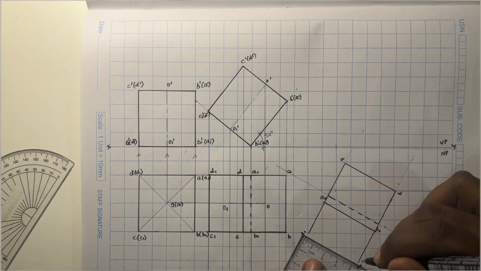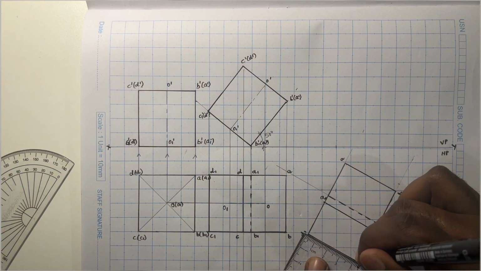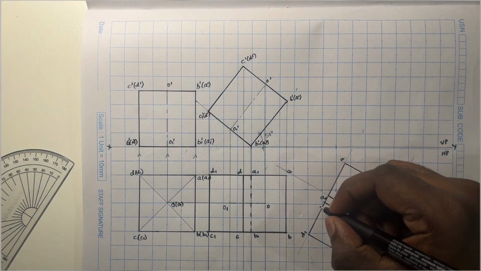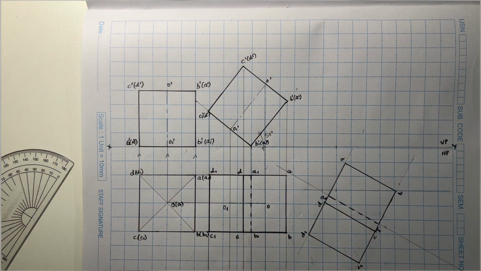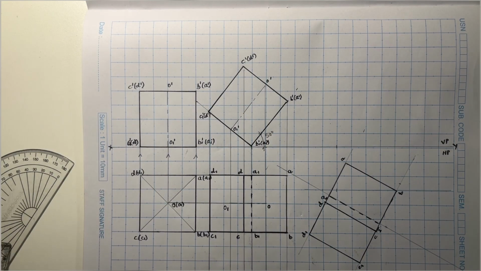So let me annotate this. This is D and this corner is C. And to identify the axis, which is very important because we need to identify the length of the axis in the final position, we'll just check out this value.